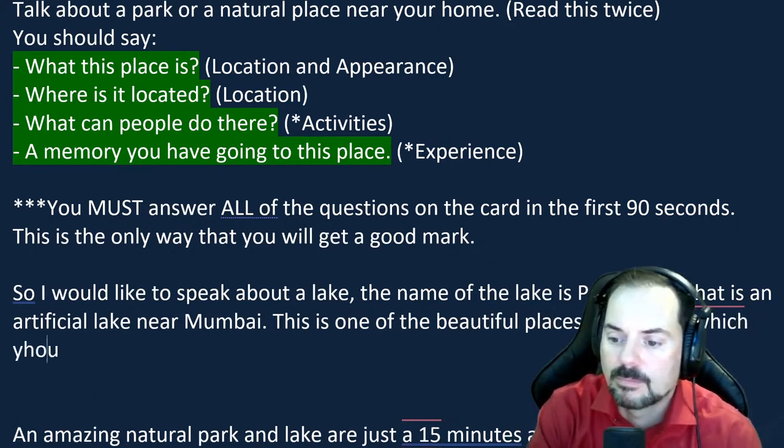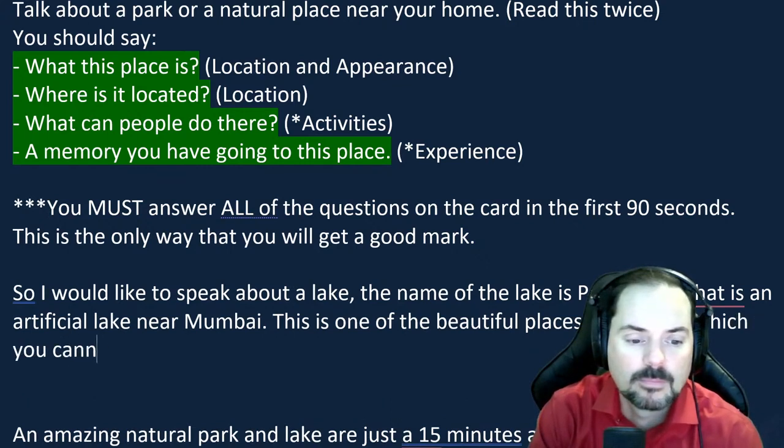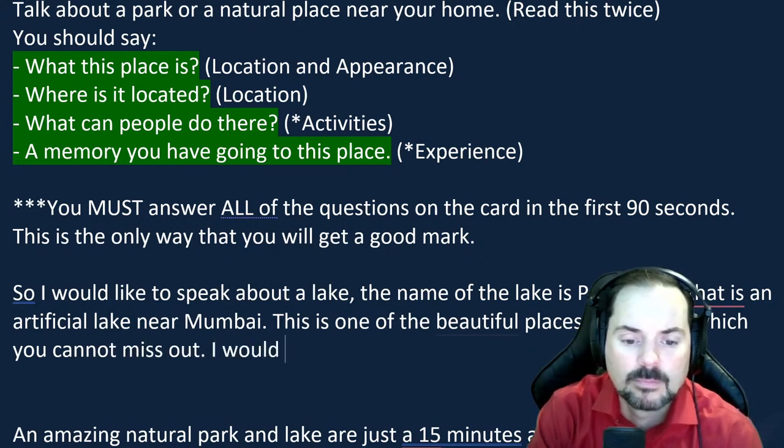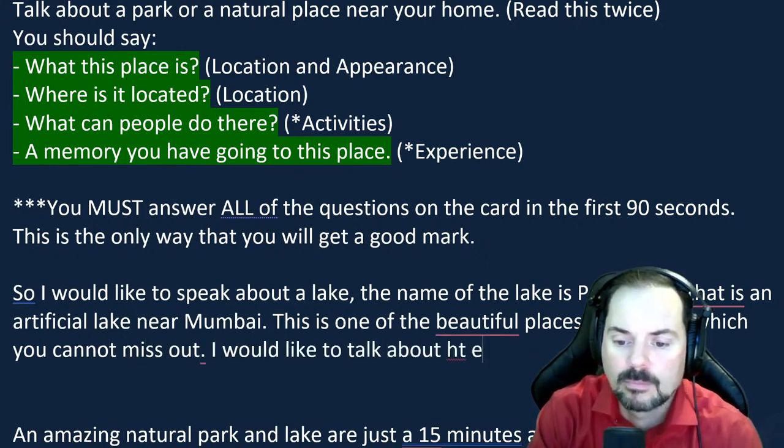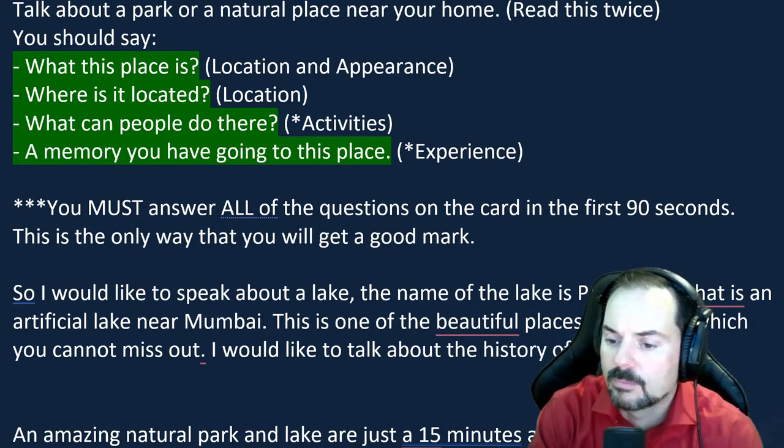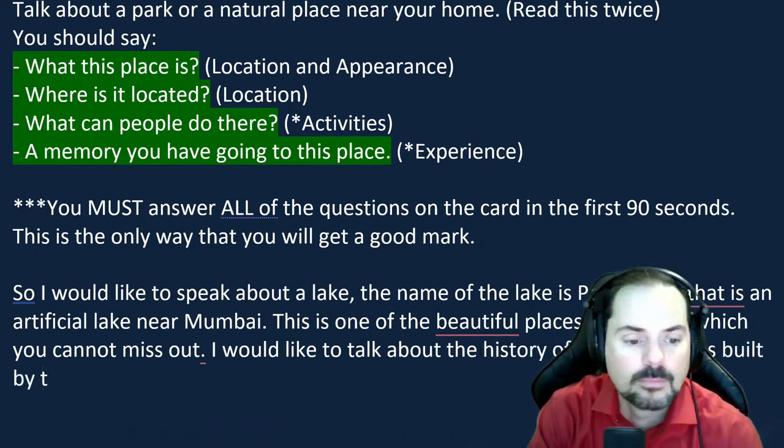And I would like to speak about the history of this lake. The British authorities created this lake in 1891 by building 2 dams across the Mithi River in an attempt to control the water supply. And this lake is now responsible to supply water in major parts of Mumbai city.